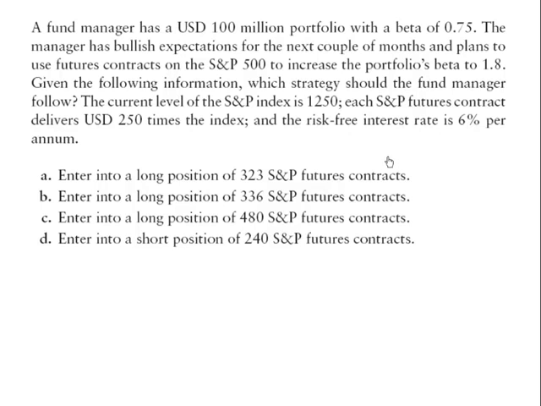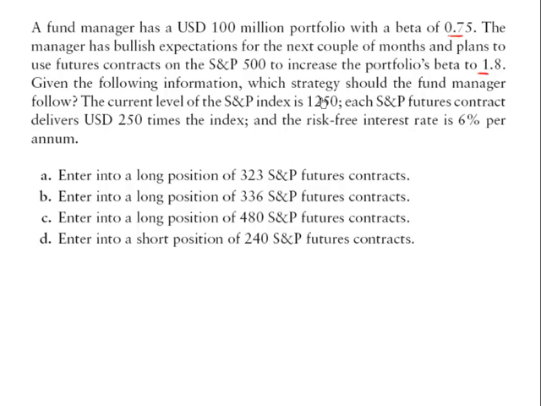Let's do one last question to revise the concept of beta hedging and apply it. A fund manager has a USD 100 million portfolio with a beta of 0.75. The manager has bullish expectations for the next couple of months and plans to use futures contracts on the S&P 500 to increase the portfolio's beta to 1.8.